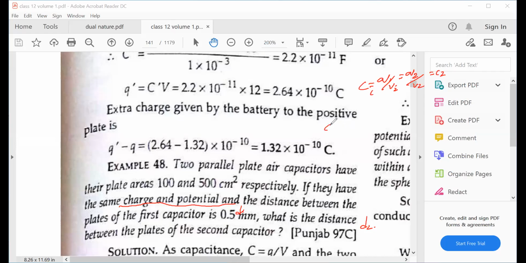So you have to create a relation C1 is equal to C2, and for the parallel plate capacitor, the capacitance relation is C is equal to epsilon naught A by D. Remember this relation? So find D2 from this relation. Try it now.